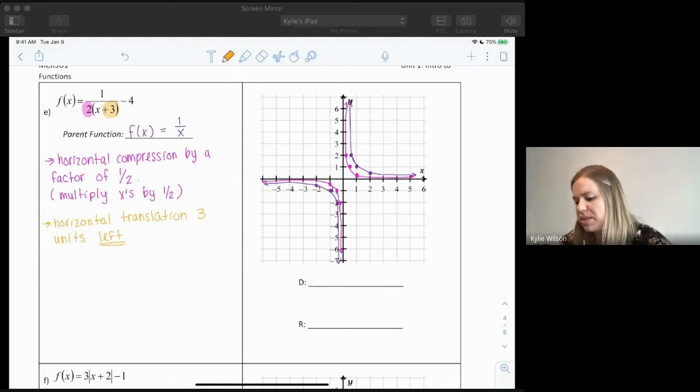So now I'm going to take all of my pink dots and move them 3 units to the left. It's not going to be perfectly exact because we have quarters and they're not all super nice points, so just do the absolute best you can. The main thing to remember is that because we're moving it 3 units to the left, my asymptote is also going to go 3 units to the left. So now instead of hugging the y-axis, they're going to be hugging x equals negative 3. So let's move everything over 3 units.